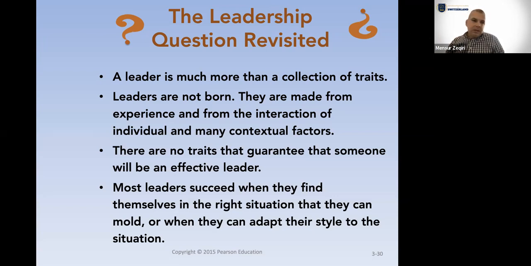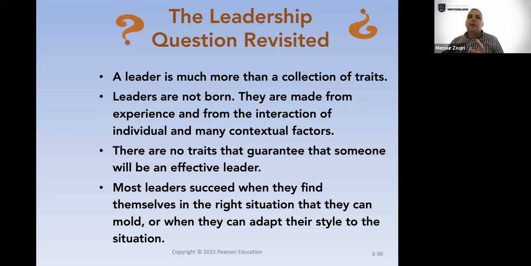However, as we could see when we discussed the traits era, there are no traits that guarantee that only by having those particular traits you can be an effective leader. We're going to explain later on when we come to the second session. Most leaders usually succeed when they find themselves in the right situation that they can mold, or when they can adapt their style to the situation.